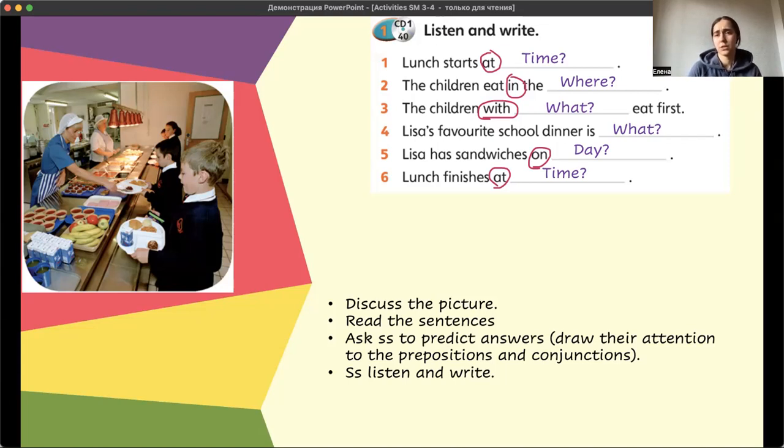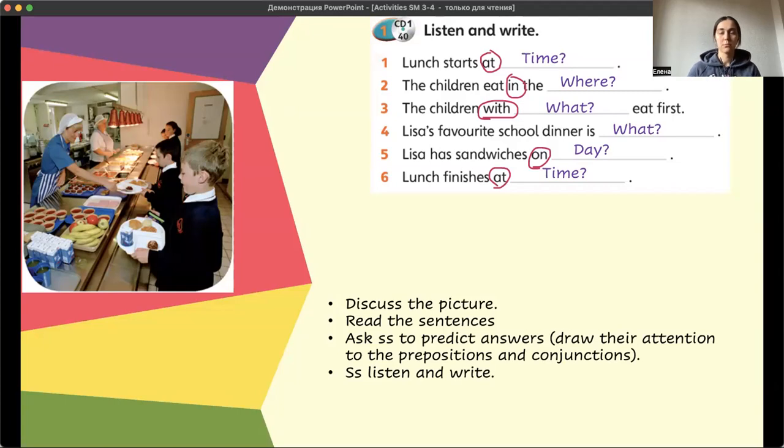So in number 2, they understand that it is about place. In number 3, it's quite difficult. So here I need to help them and say that children have something and they eat first. So they need to hear what the children have. Then favorite school dinner, that's the easiest one. Then with on, they usually say that it is about a day.